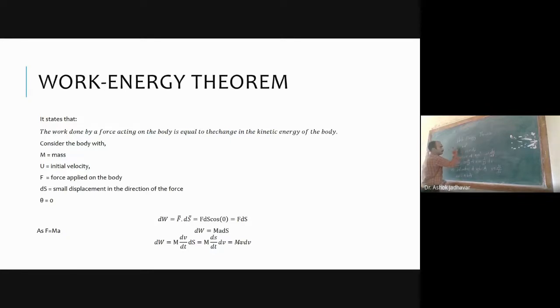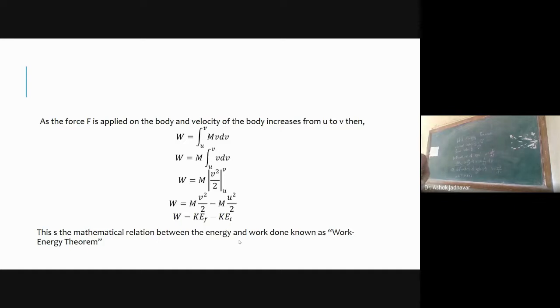Now, I have already discussed that the initial velocity of the object is u, and due to the application of applied force on the mass m, if there is a change in the velocity of the object and the final velocity will be v, then I can determine work done due to the application of force when there is a change in the velocity from u to v.